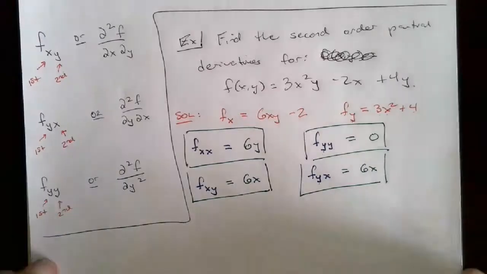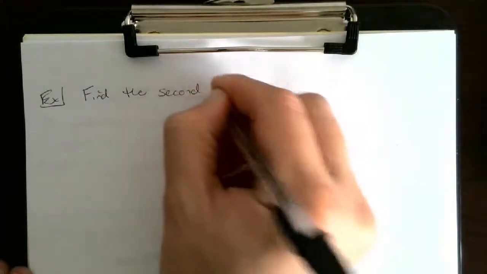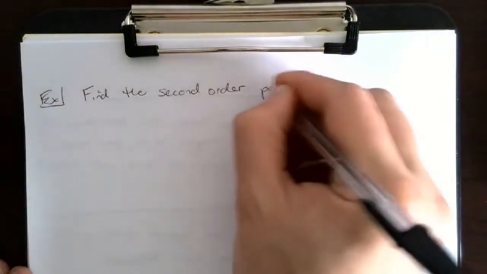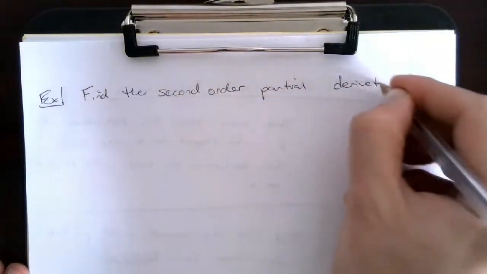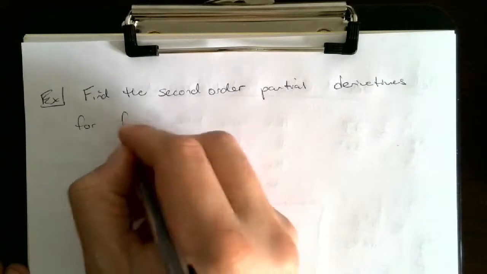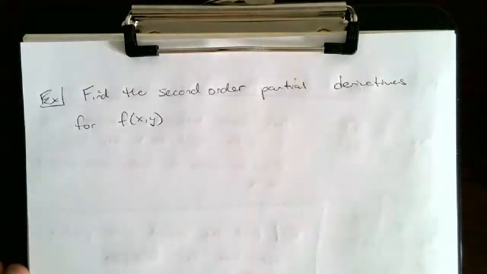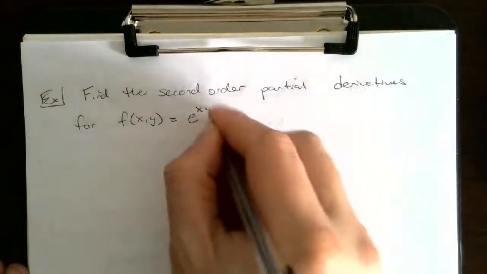Let's take a look at one more. If I said I had this here, find the second order partial derivatives for f of x, y equals, we'll say e to the xy power.